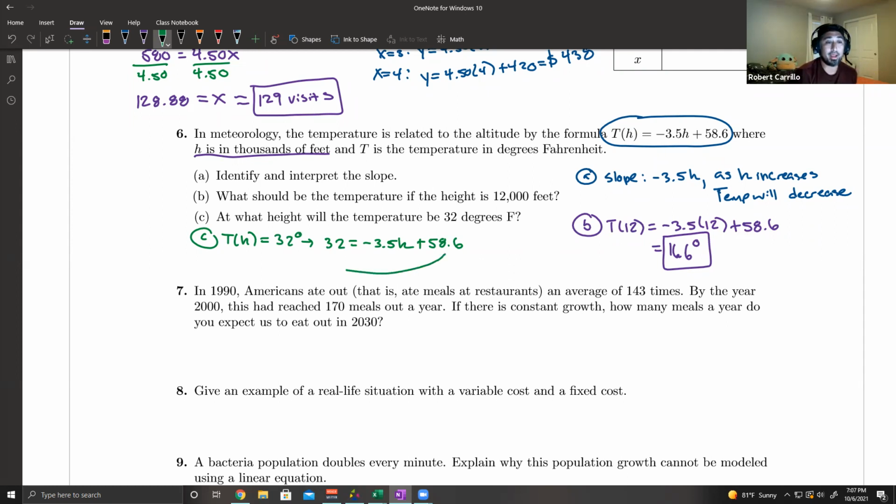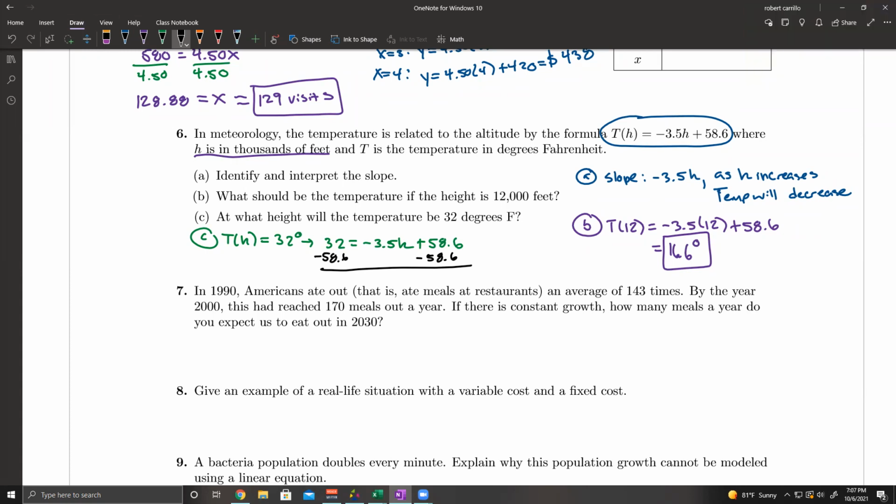So subtract 58.6 to the left side. And say minus 58.6 minus 58.6 and 32 minus 58.6. What is that? 26.6, but negative, right? Yeah.